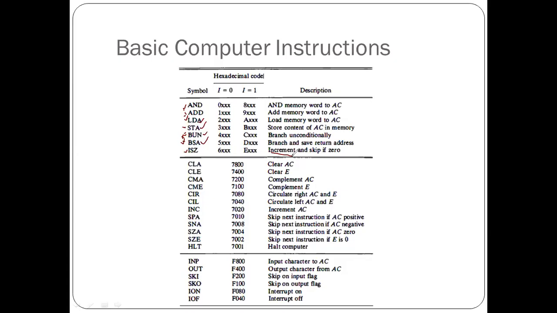The 12 bits specified in your instruction code hold certain memory data. Those contents are incremented, and if the contents are 0, we are skipping.